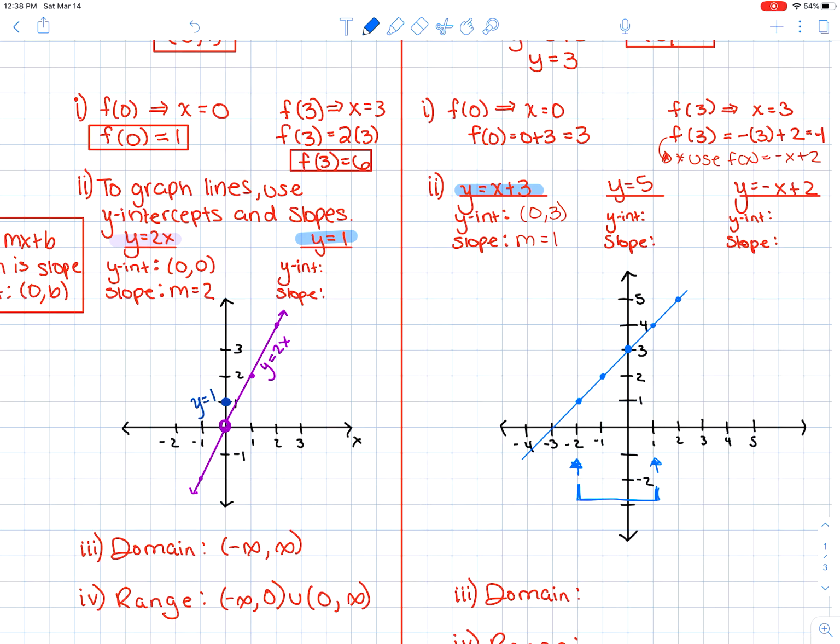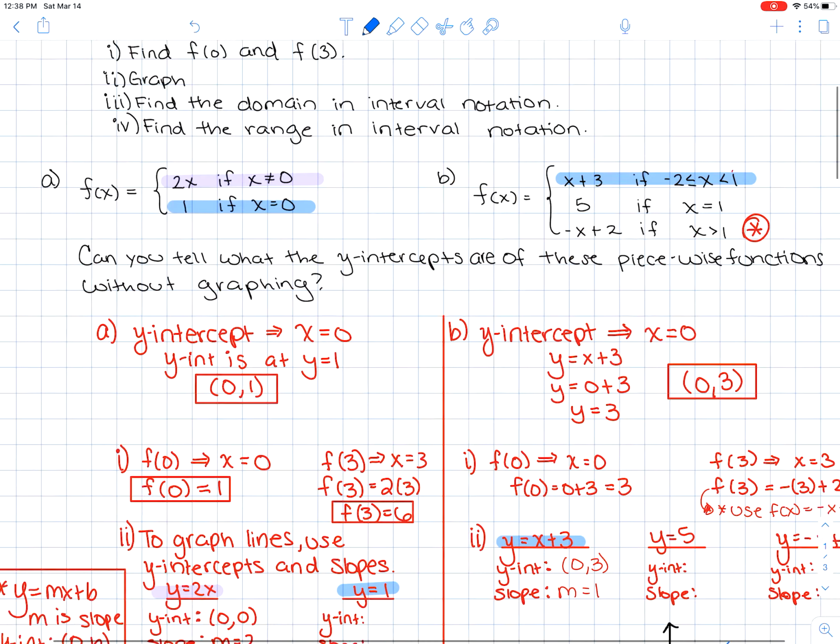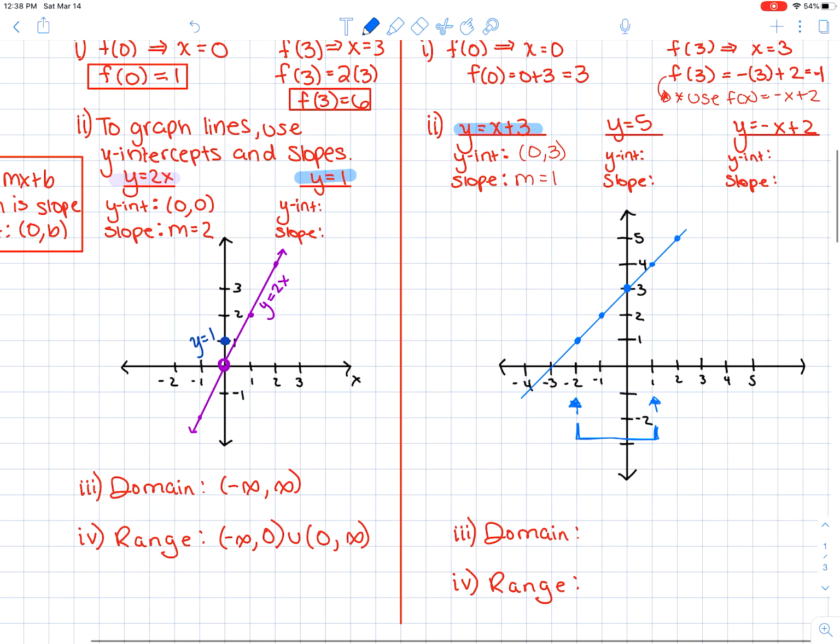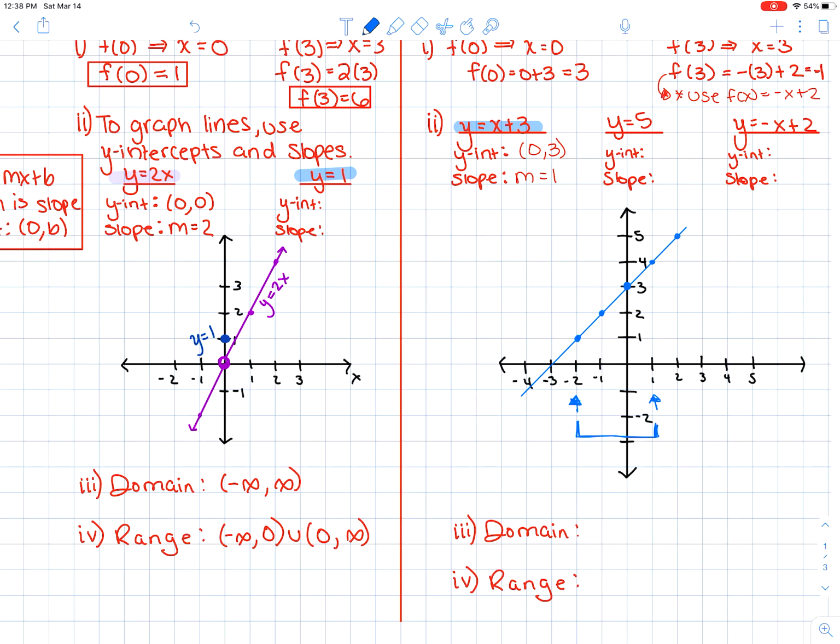So I'm actually going to do this. Negative 2 was included, so that's a closed circle, and I believe 1 wasn't, correct. So here we're going to draw an open circle since 1 is not included. And we're going to delete the rest of our line.